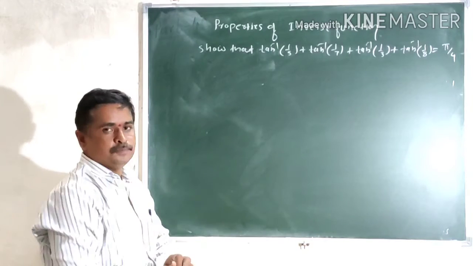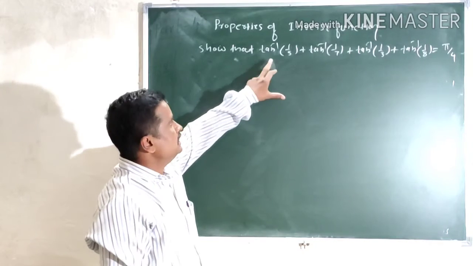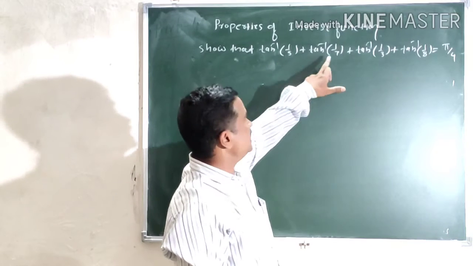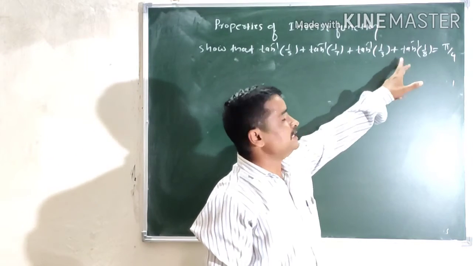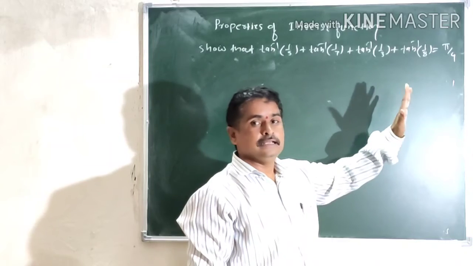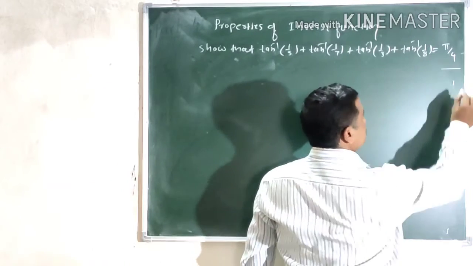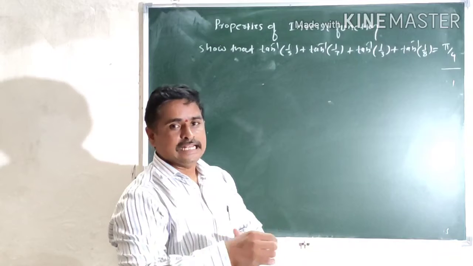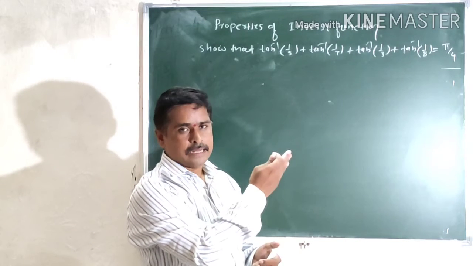So observe this example. We have to show that tan inverse of 1 by 5 plus tan inverse of 1 by 7 plus tan inverse of 1 by 3 plus tan inverse of 1 by 8 has the value pi by 4. That means observe the RHS, which has the value pi by 4.